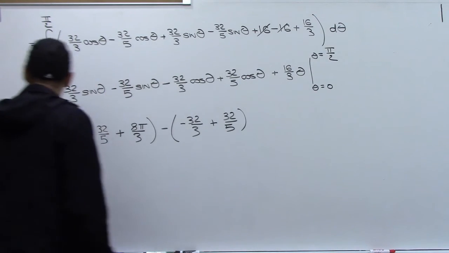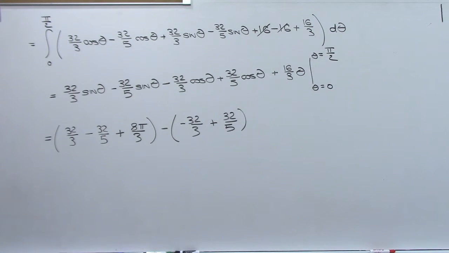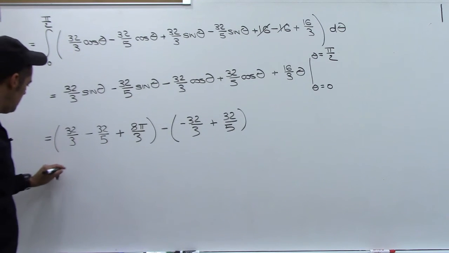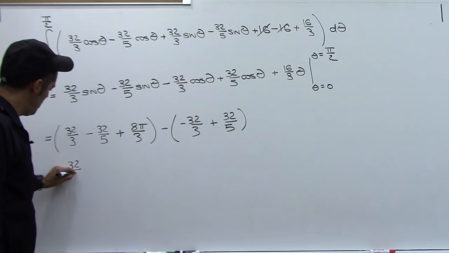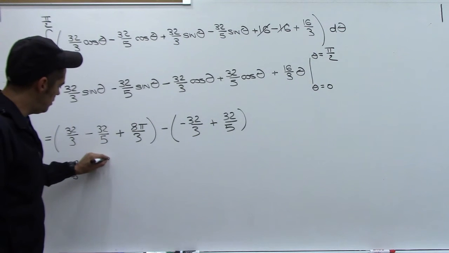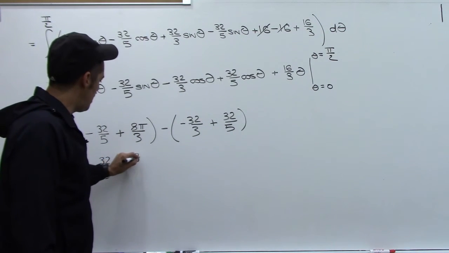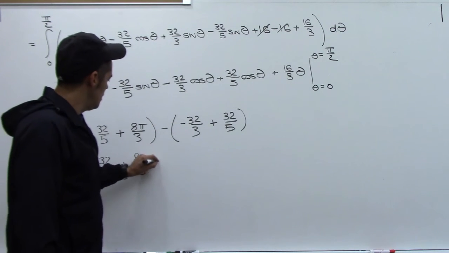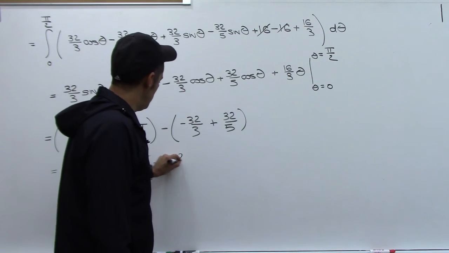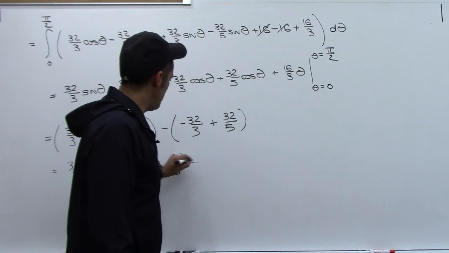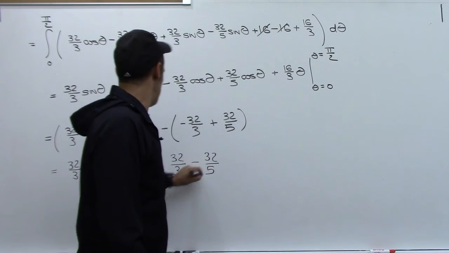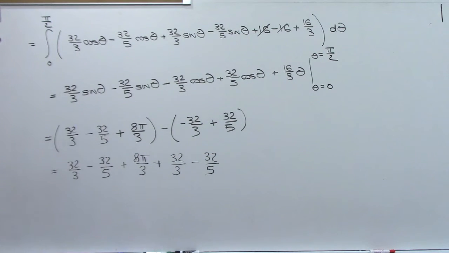And yeah, things are a little bit different here. As you can see, 32 thirds minus 32 fifths plus 8 pi over 3 plus 32 thirds minus 32 fifths. So I don't believe we get any canceling on those now.